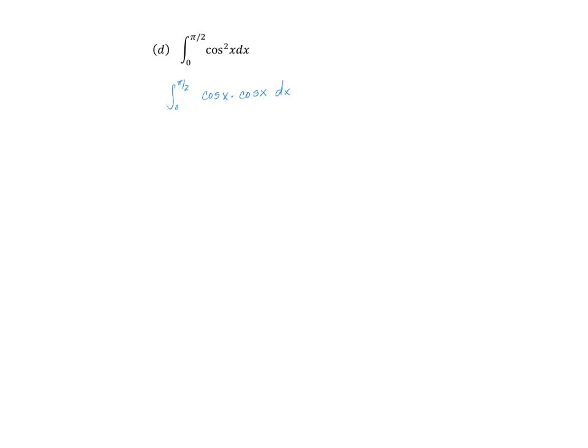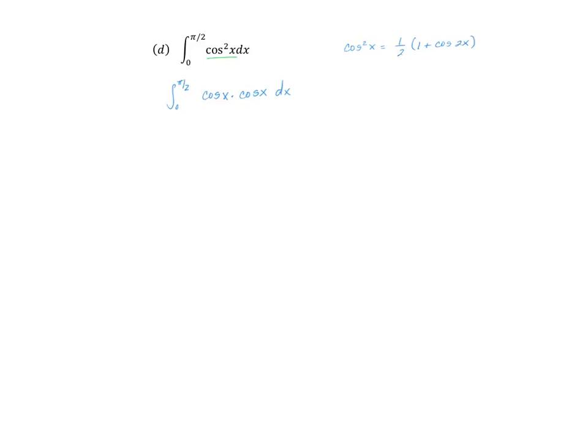And actually, u substitution's not going to help me here. Instead, I'm going to have to go back to replacing this cosine squared with an identity. So remember, cosine squared of x is equal to 1/2 times 1 plus cosine of 2x.